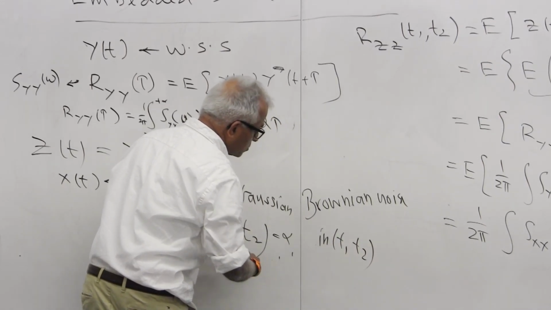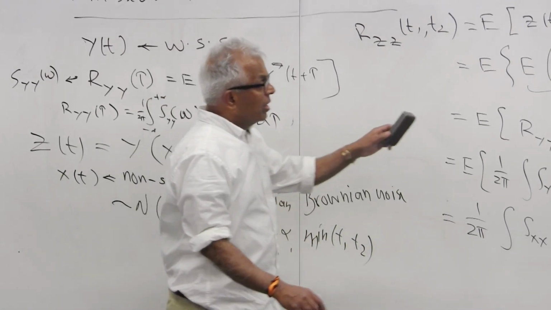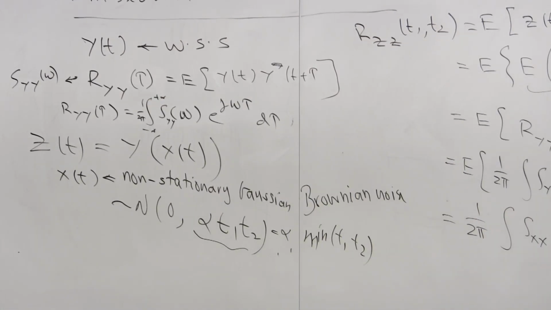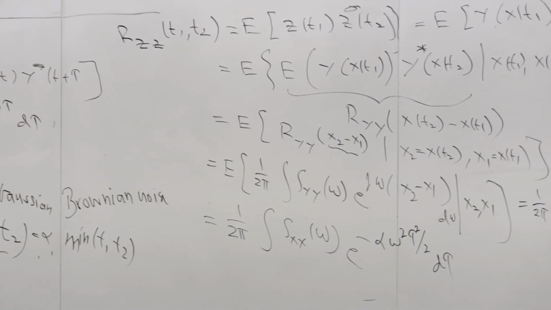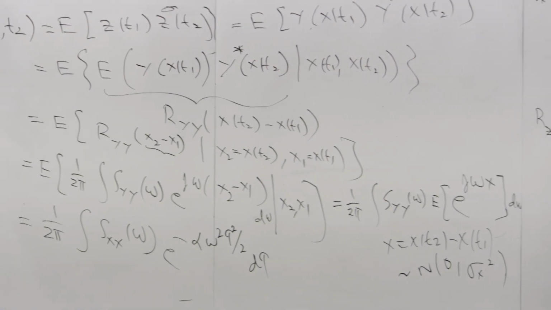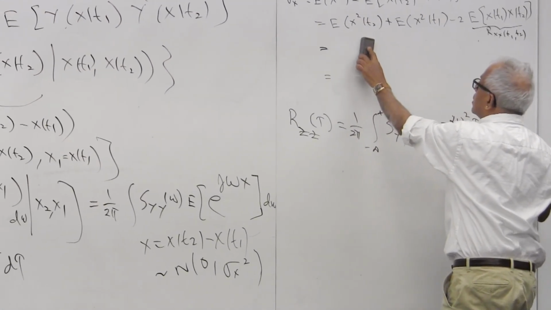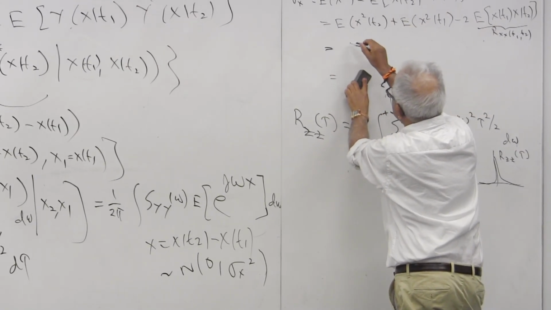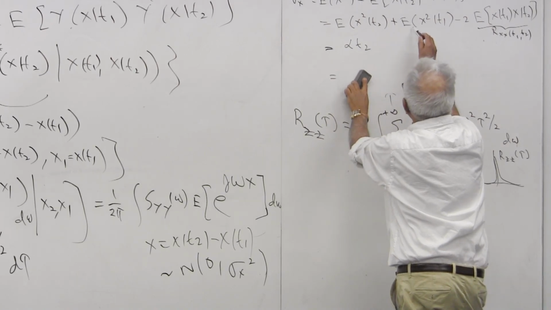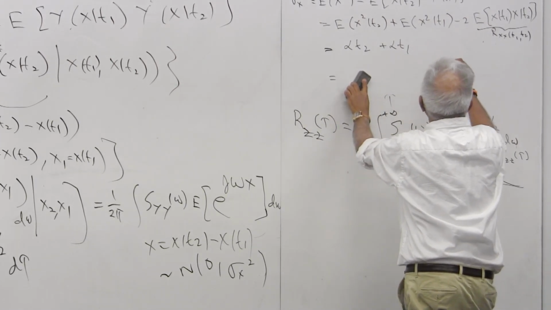And if you take here, so if t2 is greater than t1, then you only have to redo this. The minimum of t2 is just alpha t2. Minimum of t1 is alpha t1.